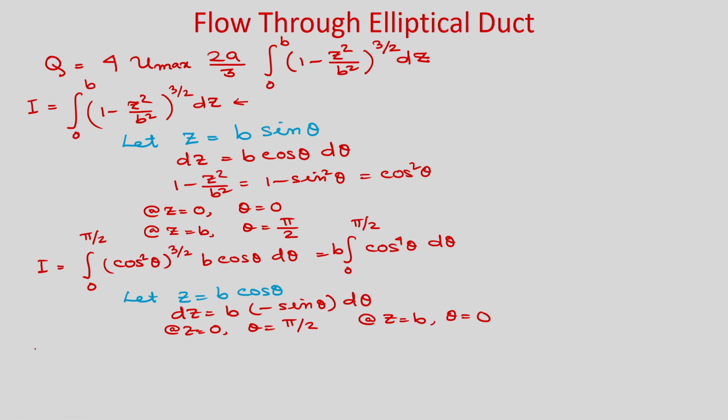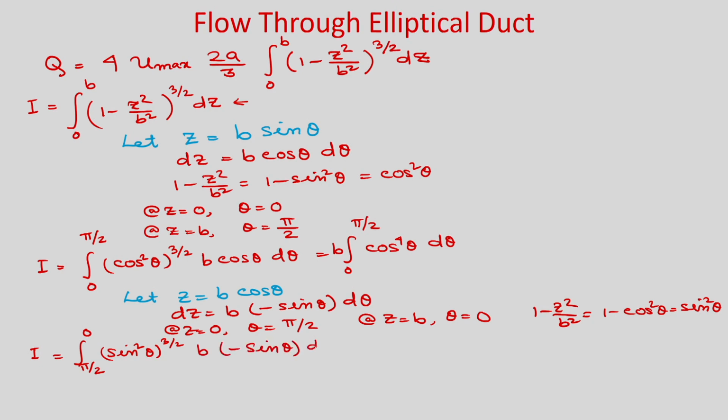If we put these values, again we can write that I is equal to the integral from pi by 2 to 0, and 1 minus z square by b square will become 1 minus cos square theta. So, that means it is sin square theta. So, we will get sin square theta to the power 3 by 2, and this will get b times minus sin theta d theta.